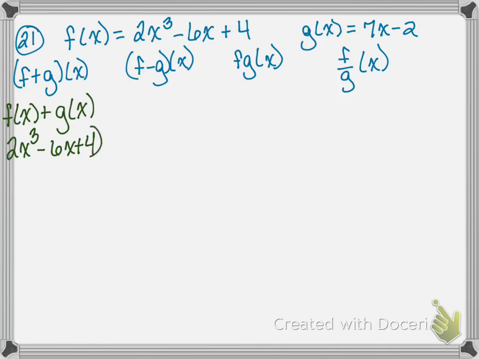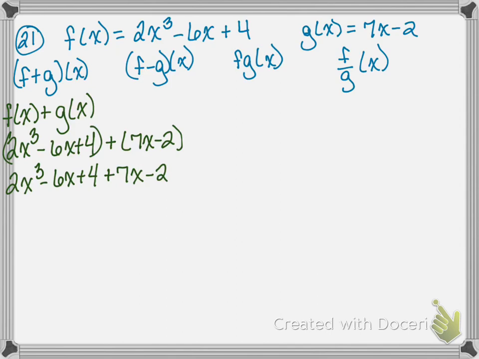And we are adding to that 7x minus 2. Now, there's nothing inside the parentheses that can be simplified. There's nothing outside the parentheses that needs to be distributed. So at this point, we can rewrite these two expressions without our parentheses.